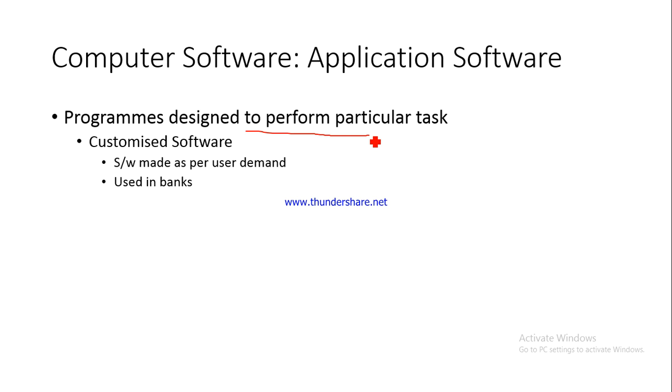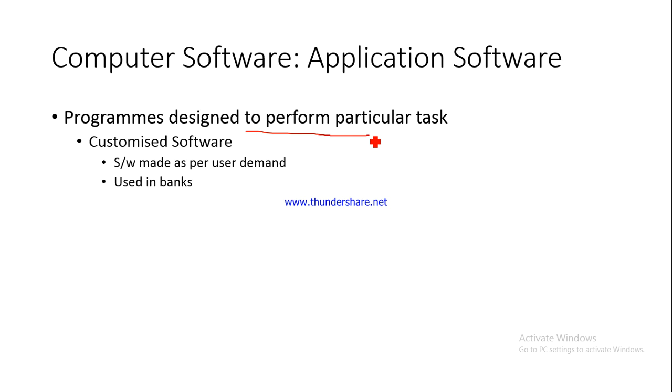Customized softwares. They are custom made for particular customers. For example, if you go to bank branches, you would find many different bank branches. If you go to different banks, you would find they are making use of some kind of software, and they've got different software.